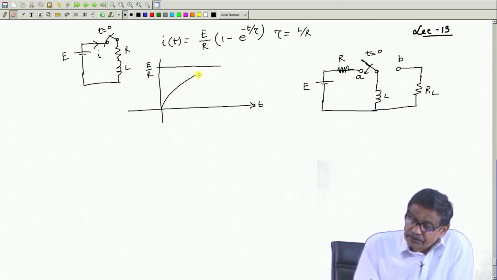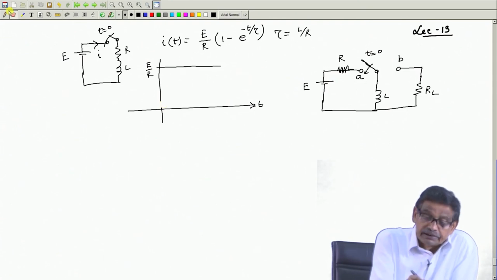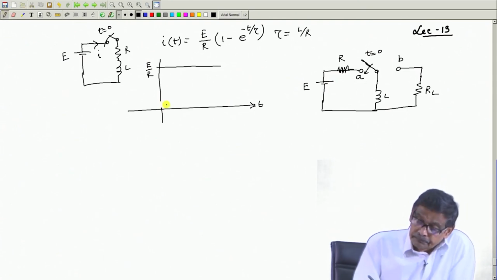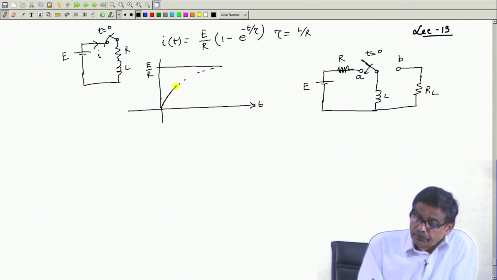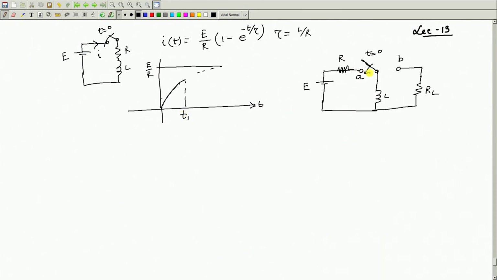Let me redraw this in this fashion. The current started growing up in this way, following this curve, but suppose at some time t equal to t 1, I move this switch S to position B very quickly, in practically no time.